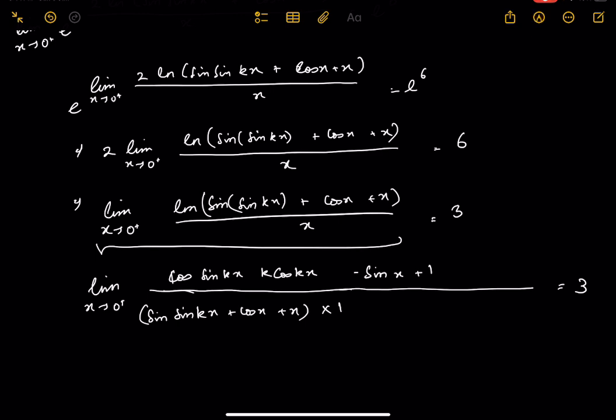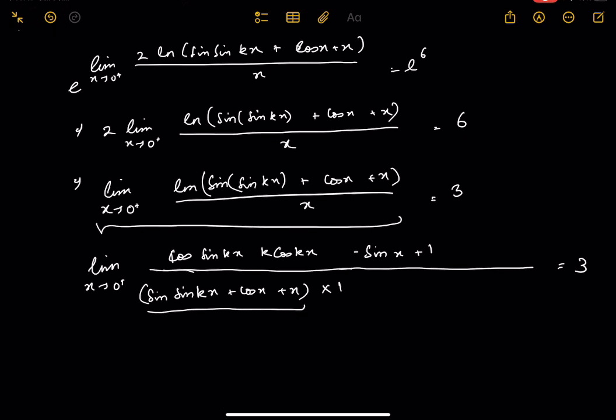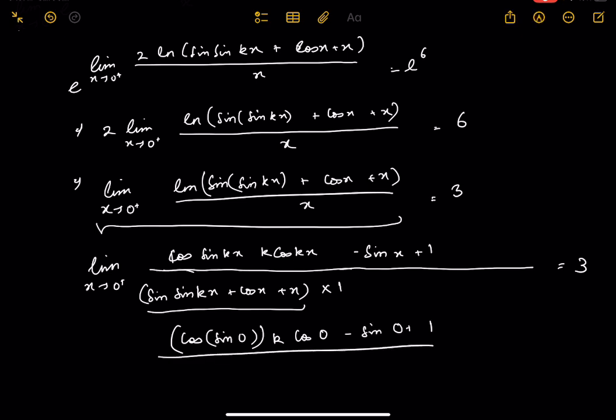Now notice that this is no longer a 0 upon 0 thing, because the denominator goes to 1 as x tends to 0. So we can simply put x equal to 0 to evaluate this limit. This gives us k cos 0 minus sin 0 plus 1 upon sin 0 plus cos 0 plus 0, is equal to 3.